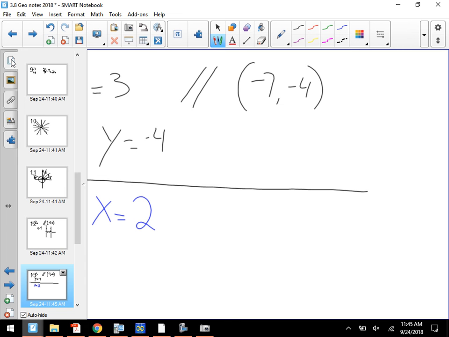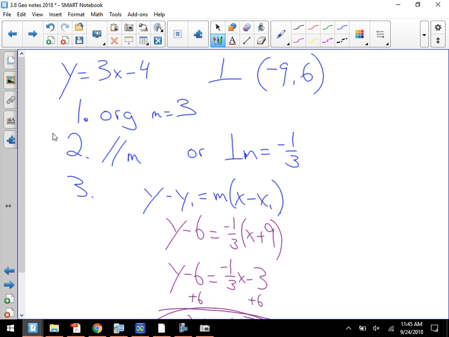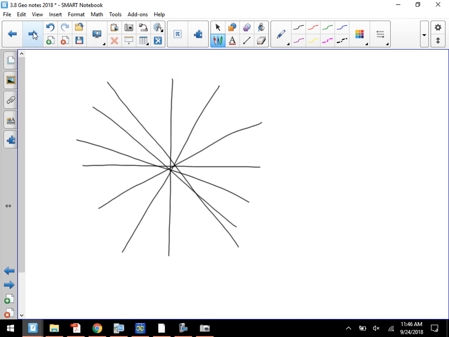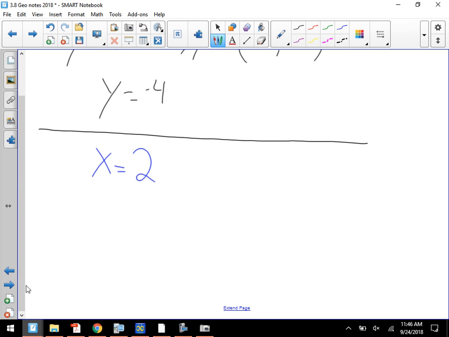Like we were doing earlier, write the equation of the line. Same basic idea. Write the equation of the line that is perpendicular to x equals 2 that goes through the ordered pair 1, 3. What's the equation? You can't just say 3.